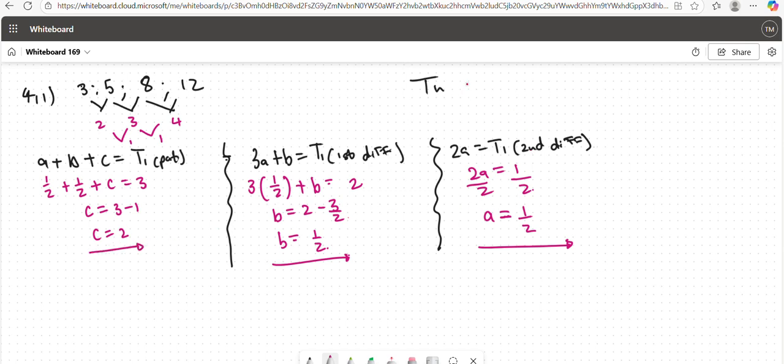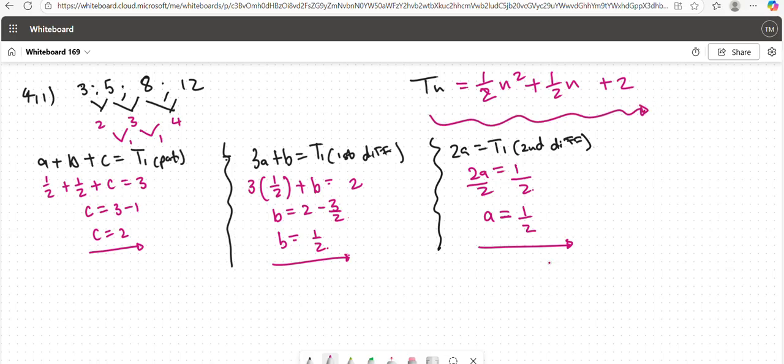And there's our C value, and so therefore Tn is half n squared plus a half n plus a 2.